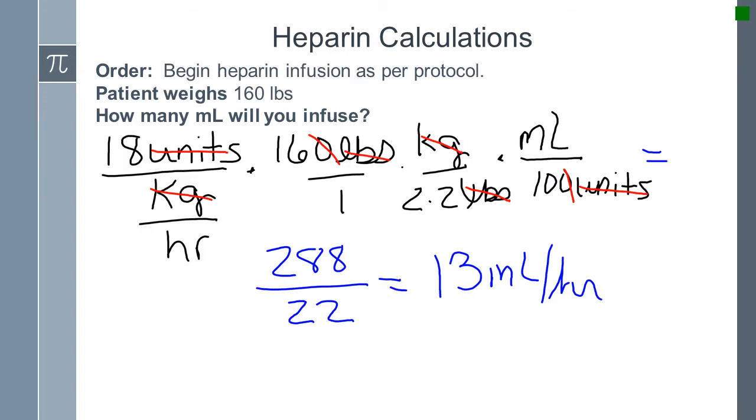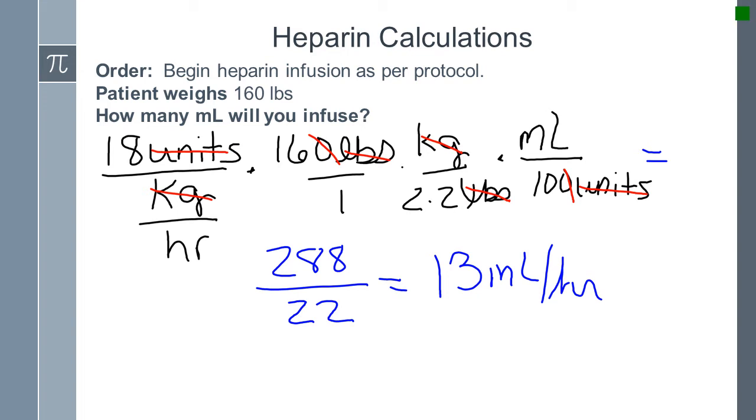So then we need to figure out what we're going to start our heparin infusion at. So after we give that bolus, we've got to start our infusion. And it says to begin your infusion with 18 units per kilogram per hour. So we've got 18 units per kilogram per hour.